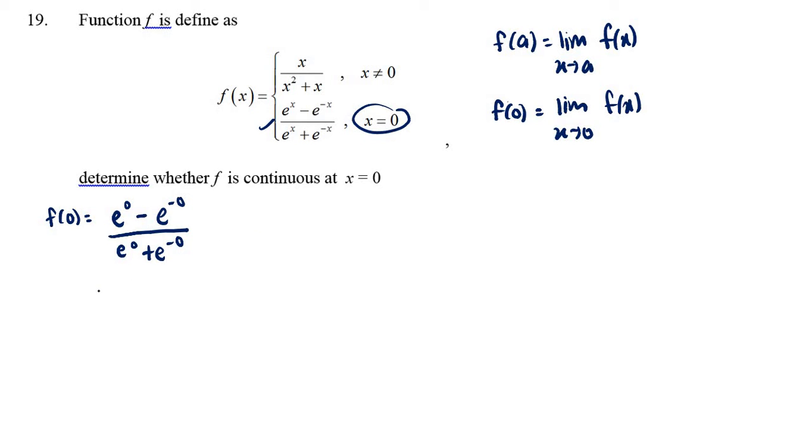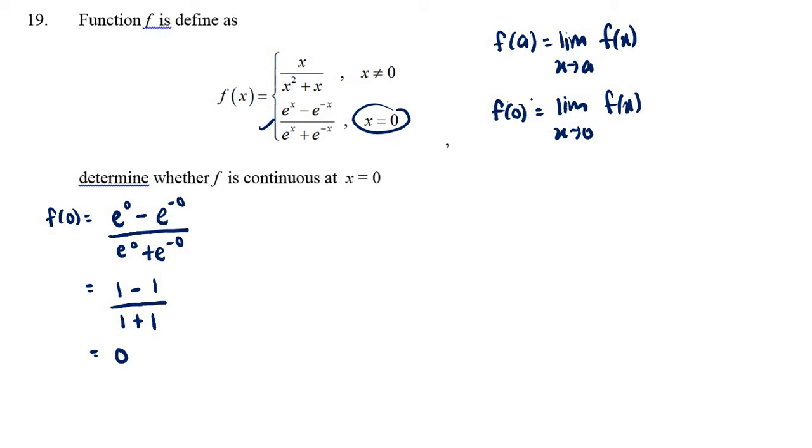So when we substitute this, kita akan dapat e^0 is 1. Okay, 1 minus 1 over here divided by 1 plus 1. So basically kita dapat 0 divided by 2 and that is going to be equal to 0. Okay, so this is the first part lah.